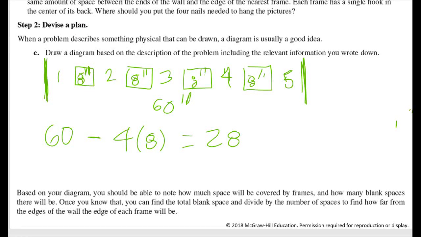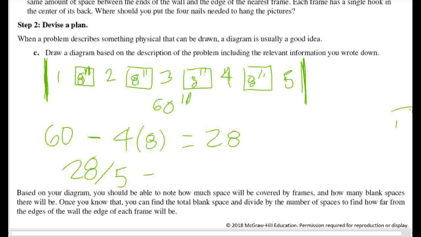To get away from just plugging numbers into things, we need to really think about the situation. So we need to take our 28 divided by 5. And that's going to give me 5 and 3/5, or 5.6 inches.